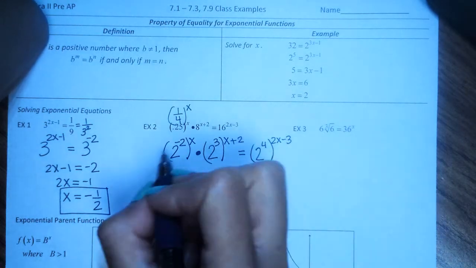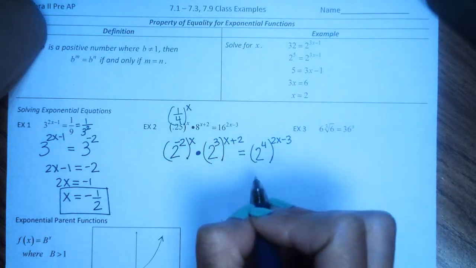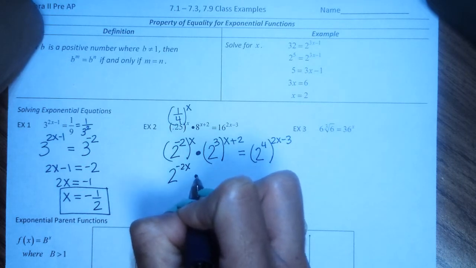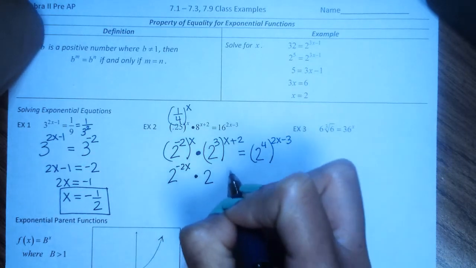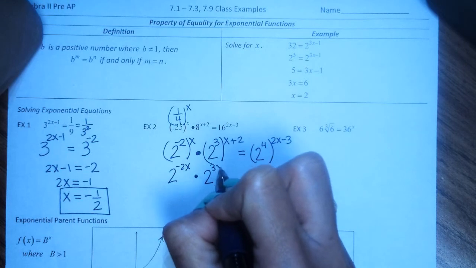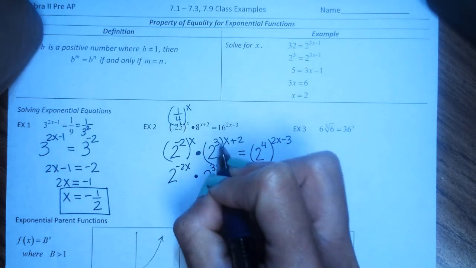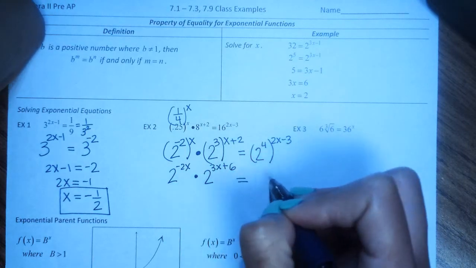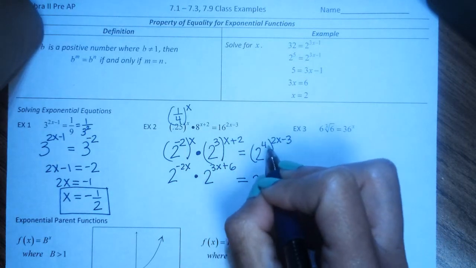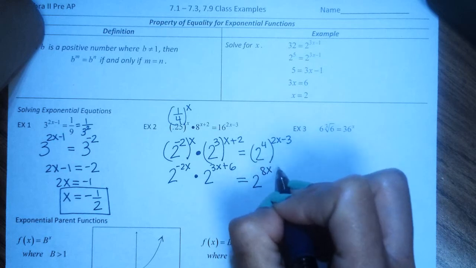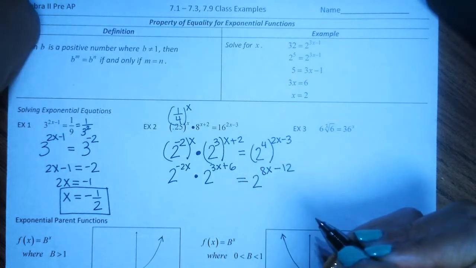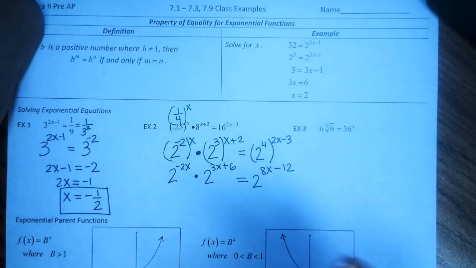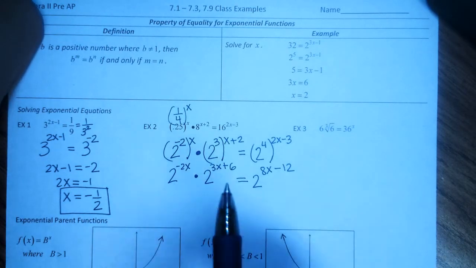So first let me simplify this by getting rid of all these parentheses. That's 2 raised to the negative 2x times 2 raised to the 3x plus 6. Make sure you distribute 3 times 2 as well. And then 2 raised to the 8x minus 12. Now, one more step before we cancel those bases.